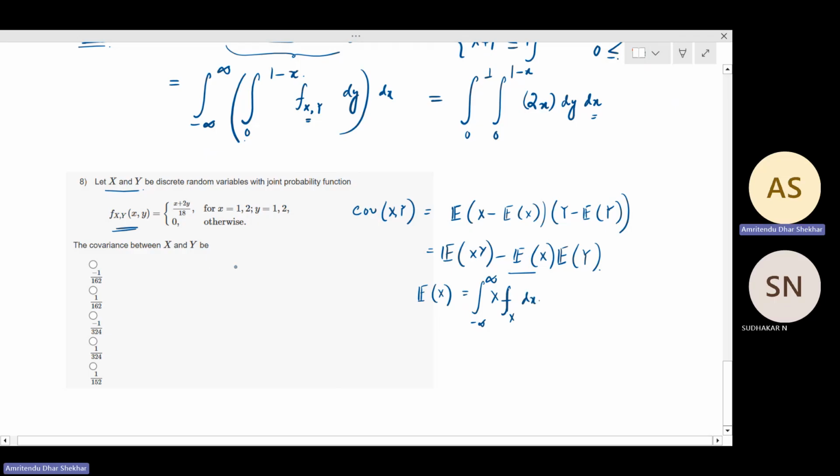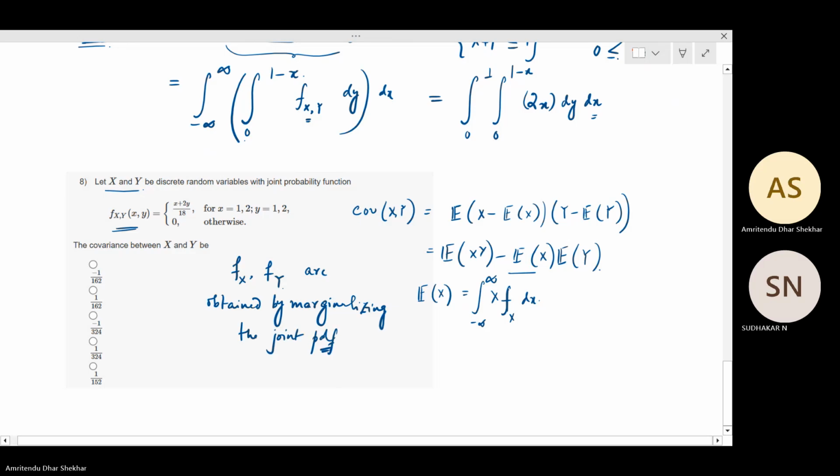The density functions for x and y are obtained by marginalizing. So you marginalize this joint PDF, using what we have seen in the previous problems, to obtain the density function for just x and y.